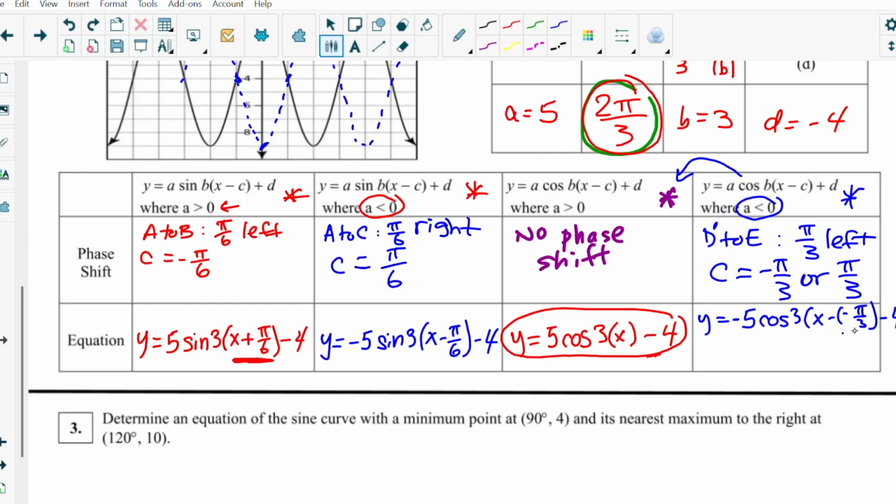When I simplify that, that's just x plus pi over 3, so let me rewrite that as x plus pi over 3 minus 4. Or if I shift it to the right by pi over 3, that's negative 5 cosine of 3 times x minus pi over 3, minus 4.